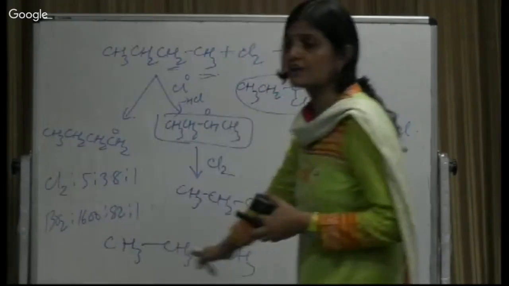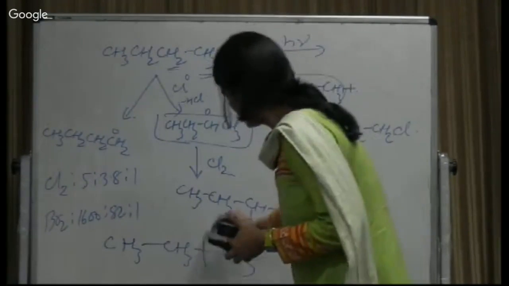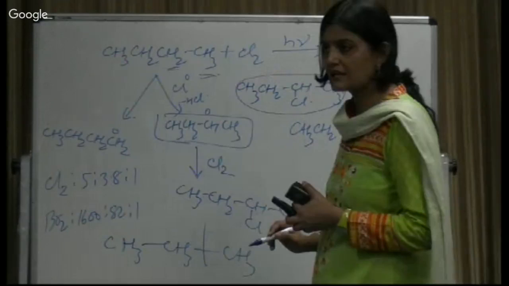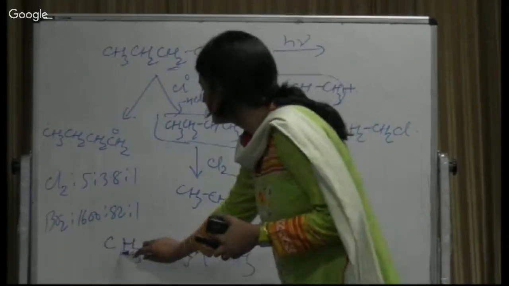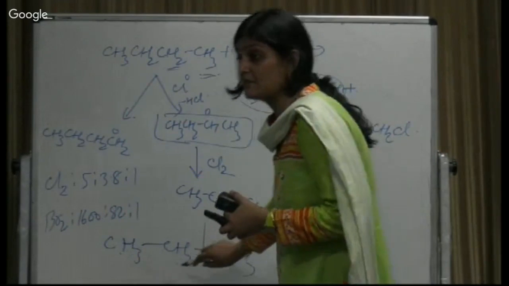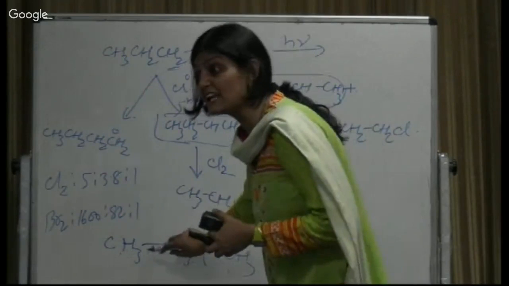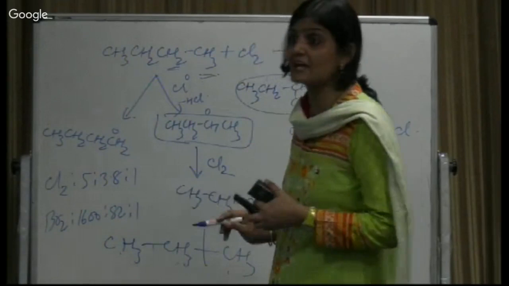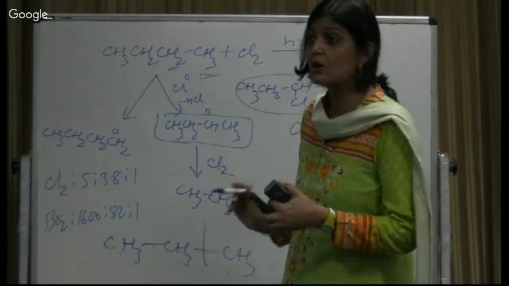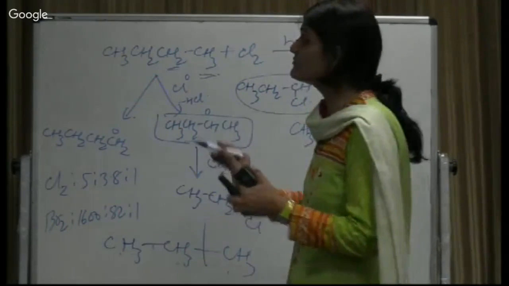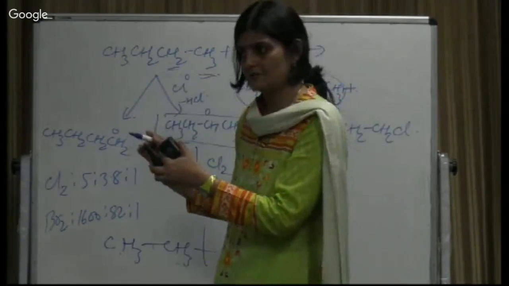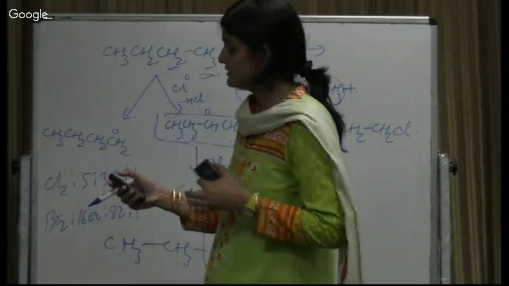For example, if I start with propane, this bond will cleave. So I will get ethane, methane. I will also get ethene if there is a dehydrogenation reaction taking place, right? So cleavage will give me lower hydrocarbons as the product.